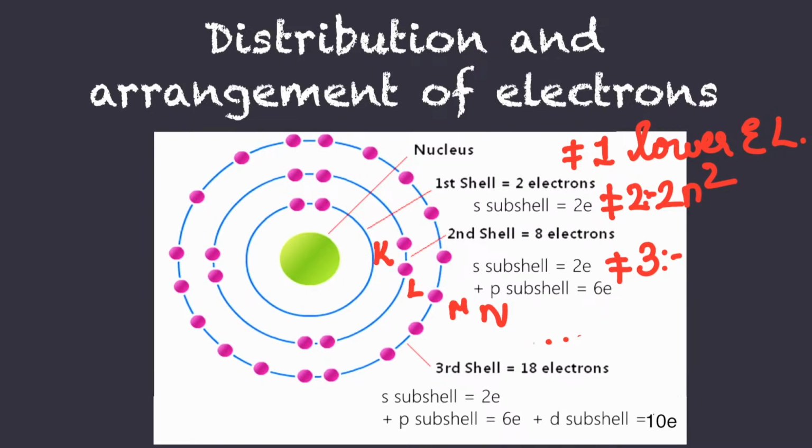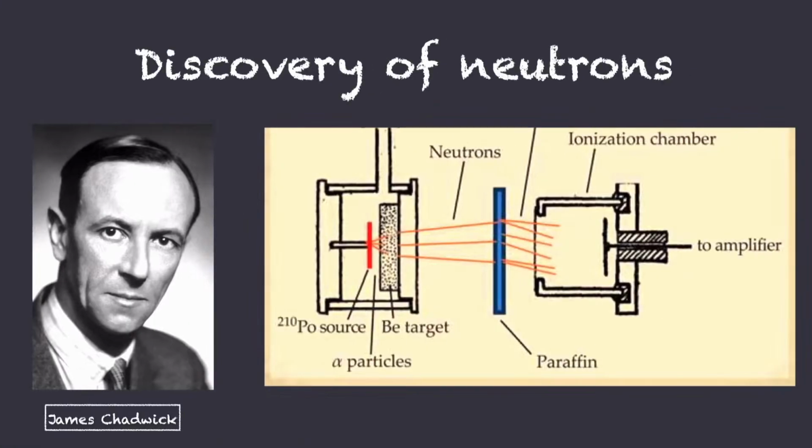Next, amongst all these discoveries, it was James Chadwick who passed the alpha particles through a very light metal called beryllium. When he passed alpha particles through a very light material called beryllium, he found out that certain particles were emitted from the material.